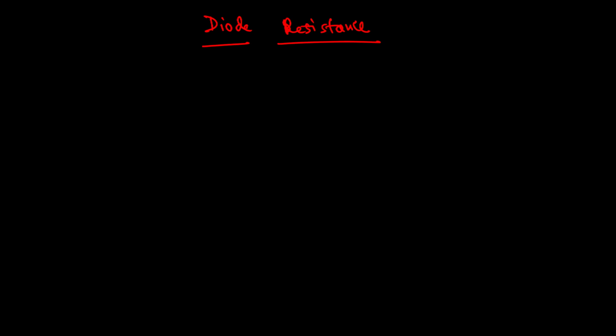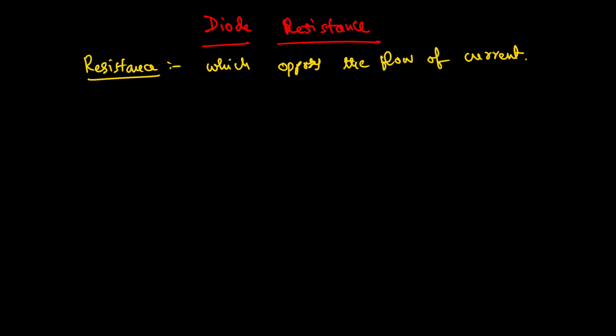See, resistance is a property of an element which opposes the flow of current. If the diode opposes the flow of current, then it is called a resistance. Just now we have discussed diode operation in forward bias and reverse bias.